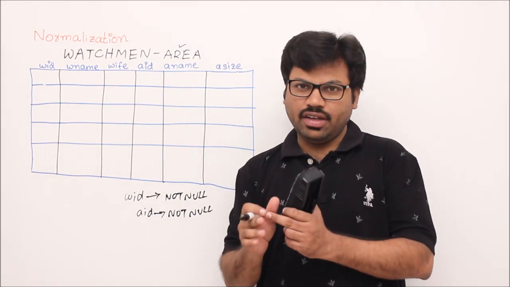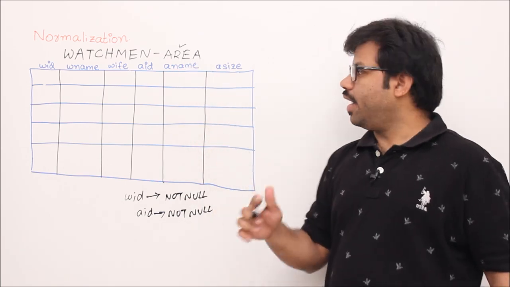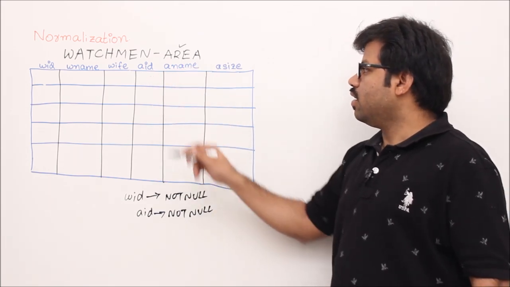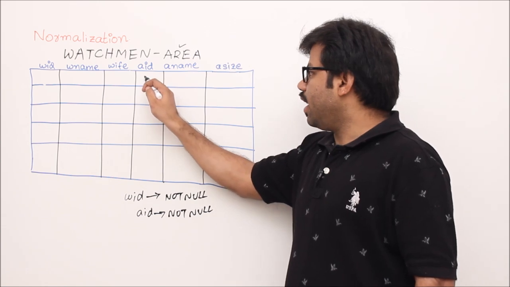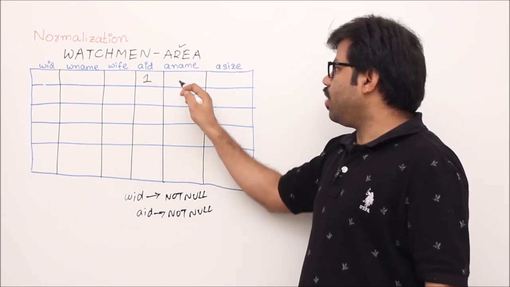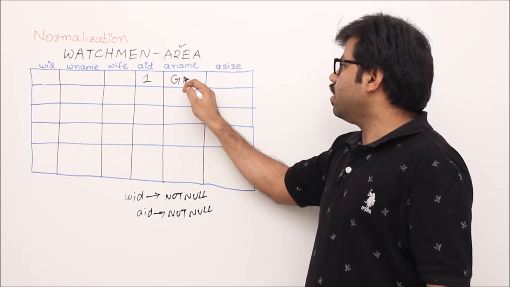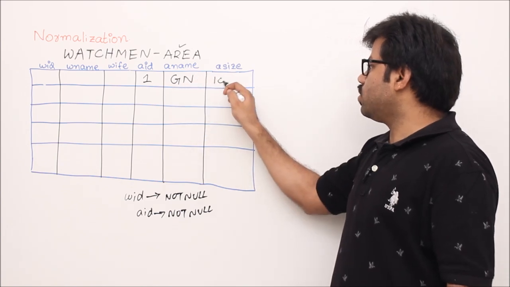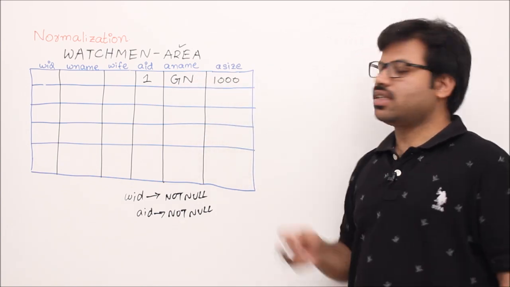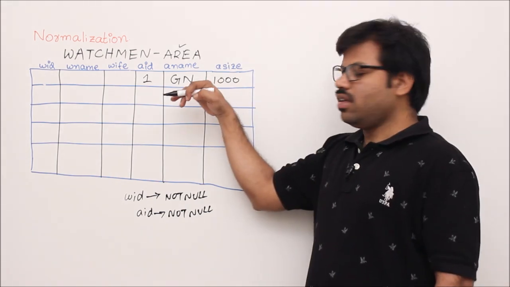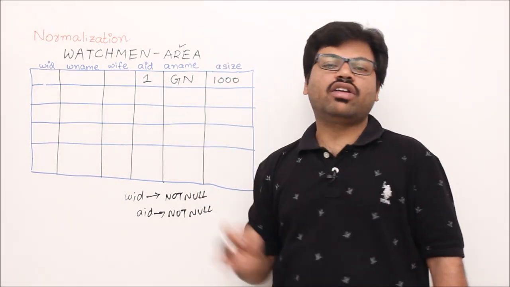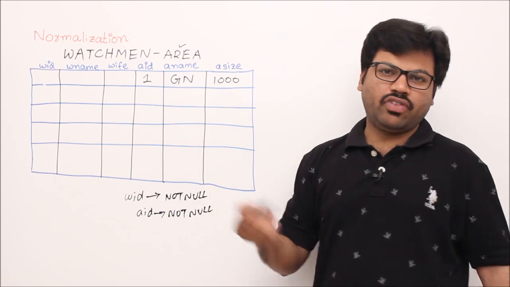Then suddenly one day the government called you and gave you an area. The government said there is an area ID 1, area name, let's say Gandhi Nagar GN, and area size is 1000 square meters or something. This area is allotted to you, that means you have to provide watchmen for it.